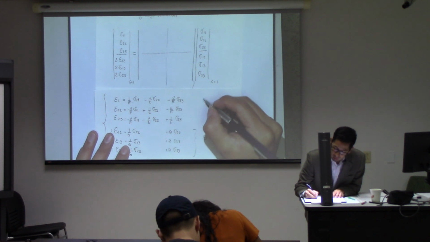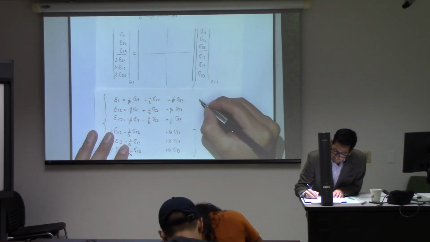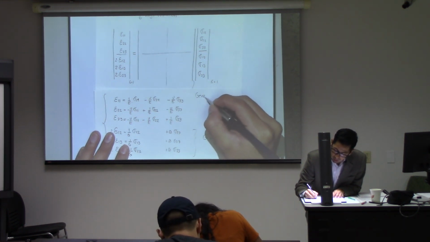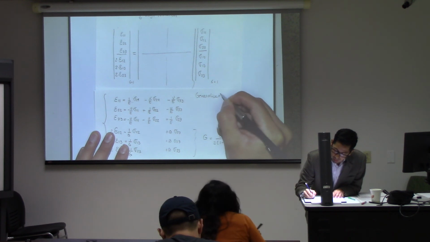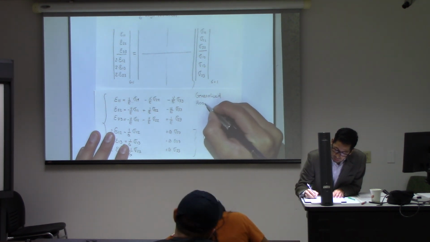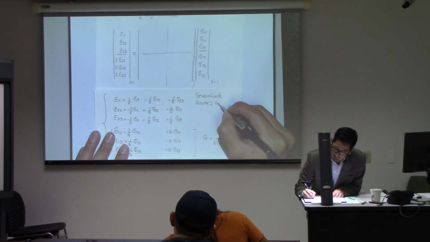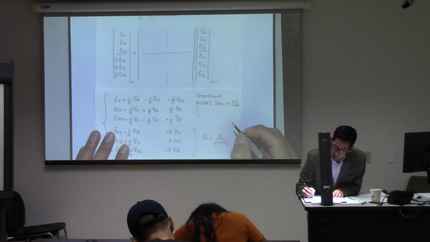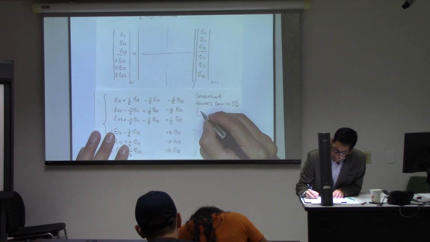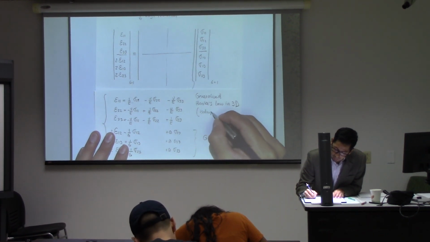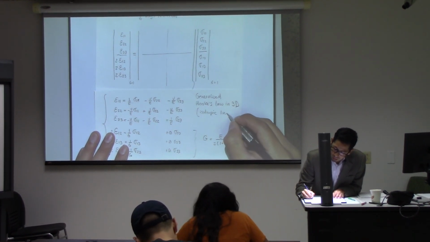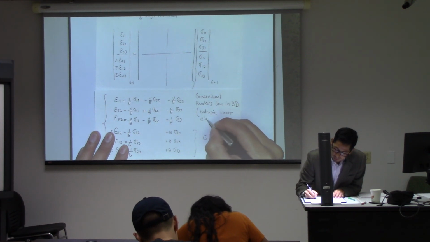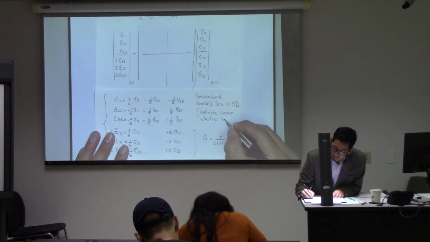Let me write here. So this will be what is sometimes called generalized Hooke's law in 3 dimensions, and this is valid for an isotropic linear elastic solid.